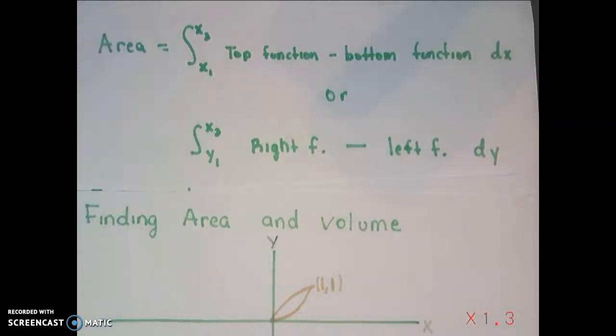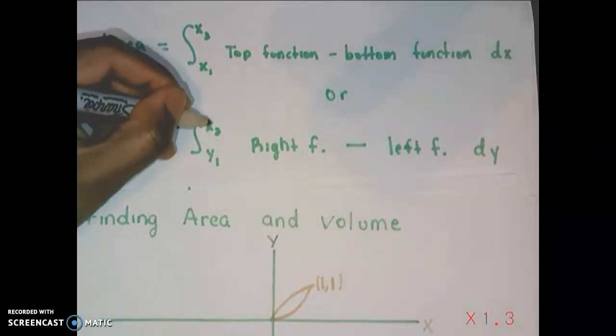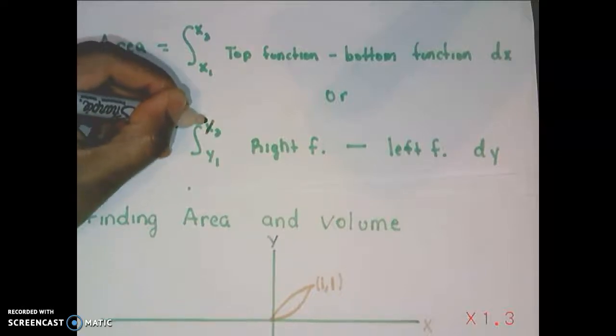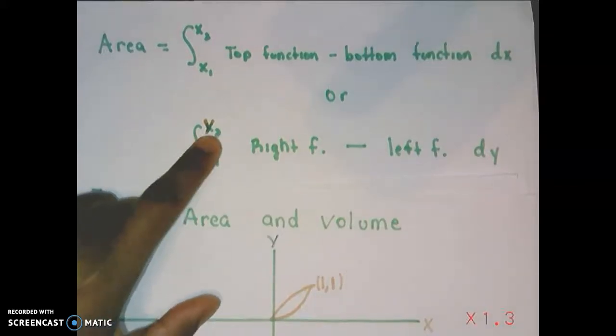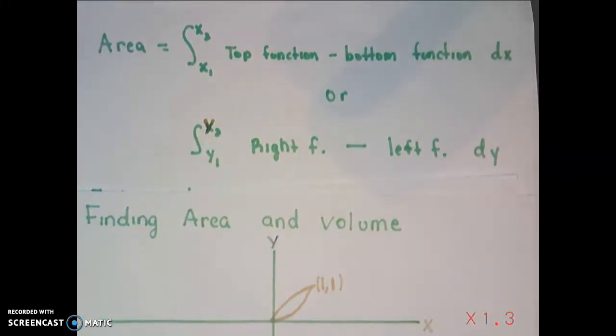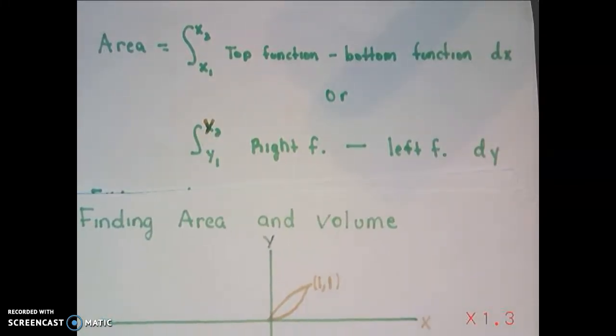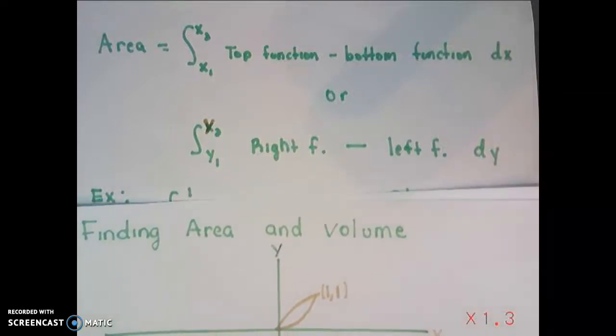And as you can see, I made a mistake on the second one, because when we're doing right minus left, we're going to have a function of y. And so this should be y1 to y2 when we're doing right minus left. So in this example, we're going to go ahead and do both.